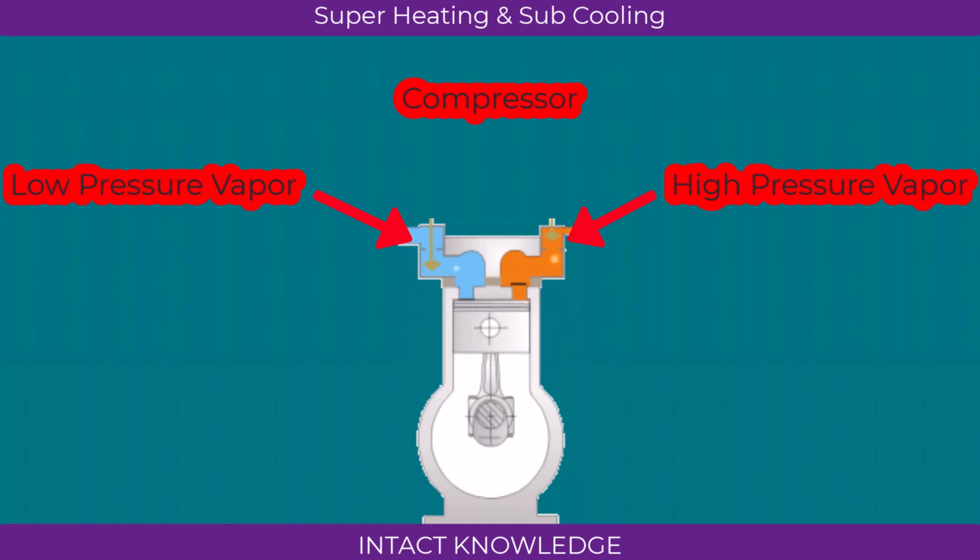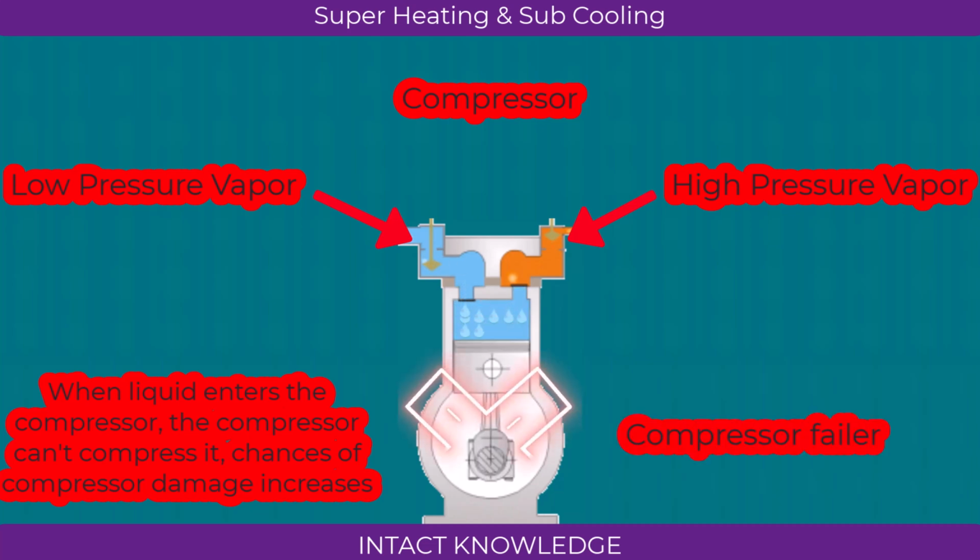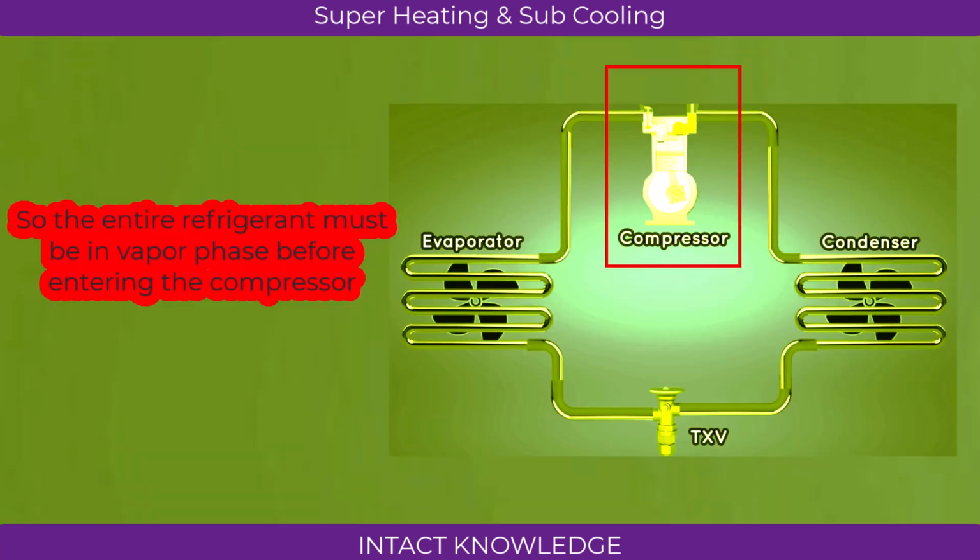Inside the compressor, if the refrigerant comes not only in the vapor state, but also in the liquid state, when the compressor compresses the refrigerant, it will try to compress the liquid refrigerant as well. As liquid refrigerant cannot be compressed, there are many chances of compressor failure. So, the entire refrigerant, before entering the compressor, should be in vapor state only.